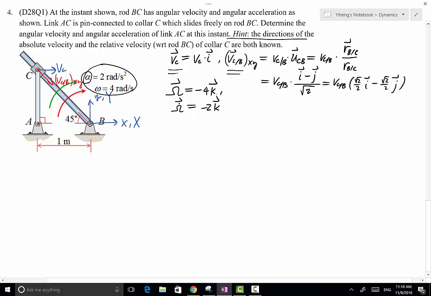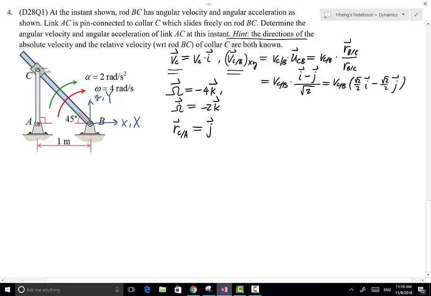What else? We also might need the relative position. We need a relative position vector from A to C. So this is R, C relative to A, and that simply equals positive 1j because it's vertical up.